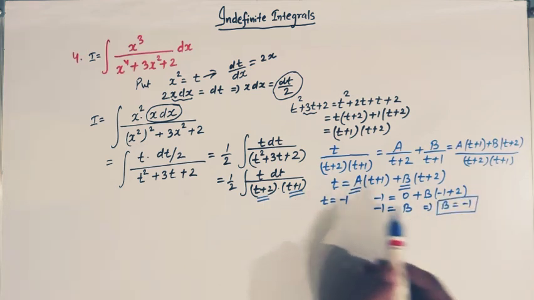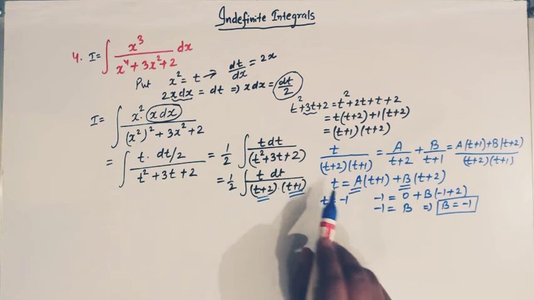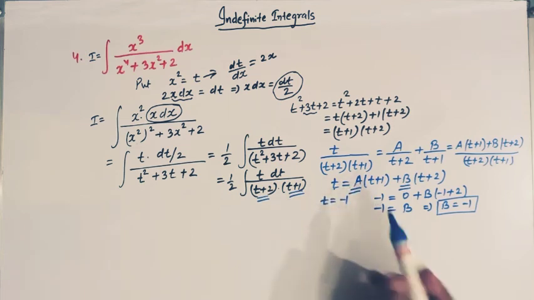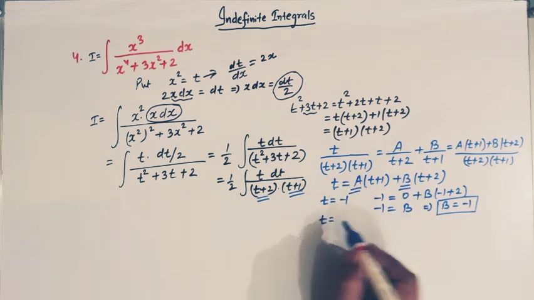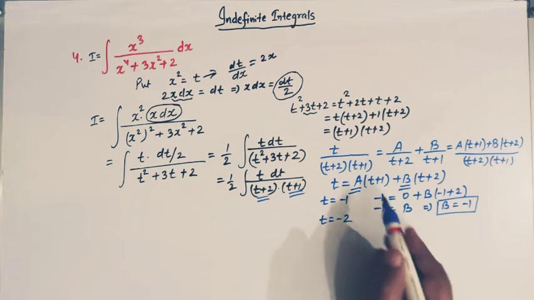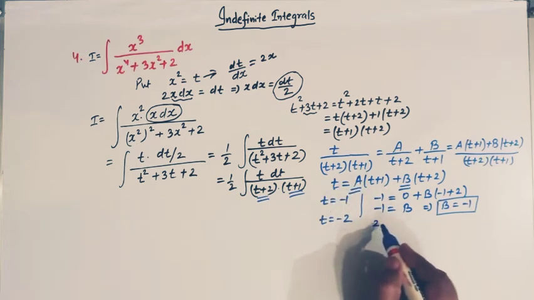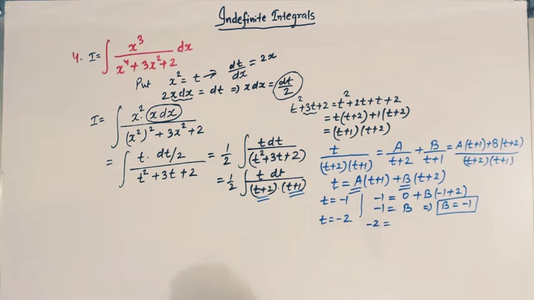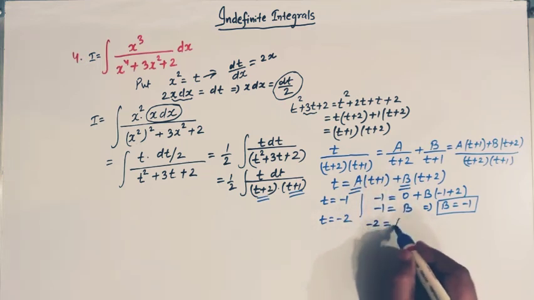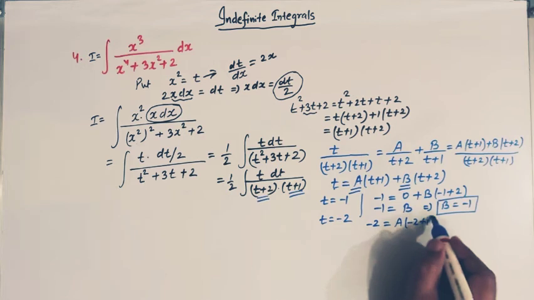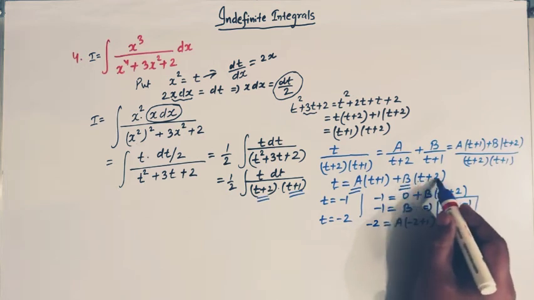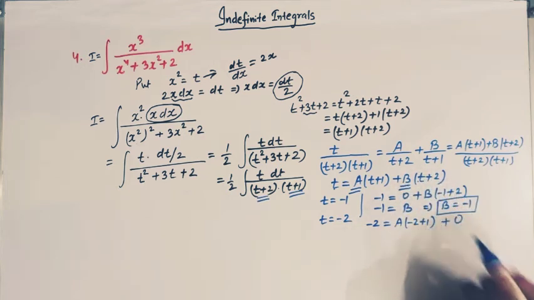Similarly, for getting the value of a, we can put t is equal to minus 2, and here we have a times minus 2 plus 1, and here minus 2 plus 2 becomes 0, so this term is 0.